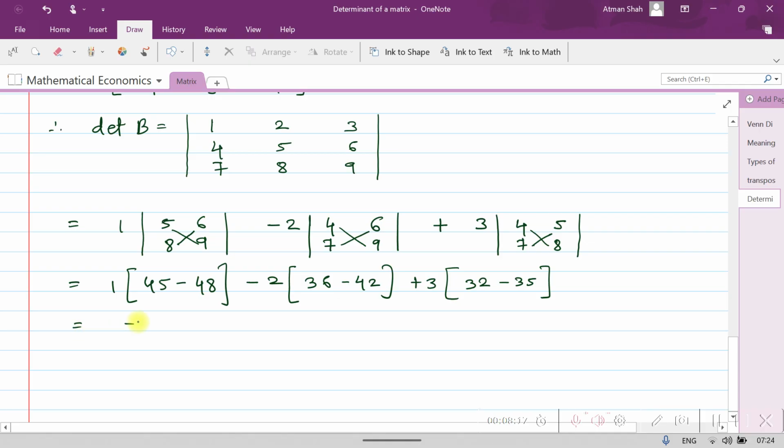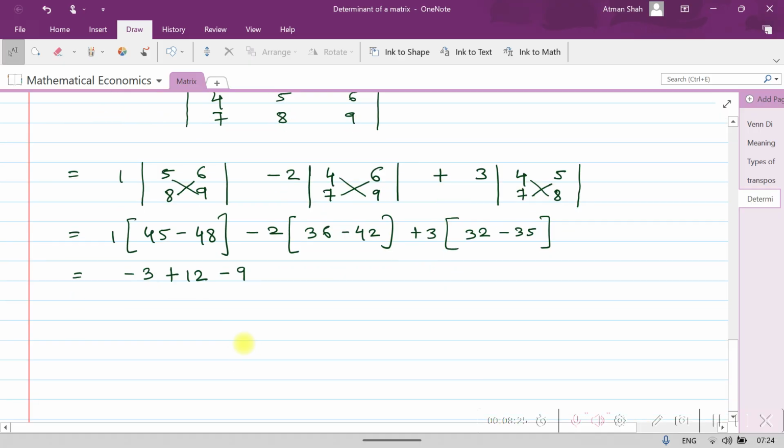So this is equal to minus 3. This becomes plus 12 and this is minus 9. And therefore the answer is 0. So here the value of this determinant is 0. This is how we can find the value of a 2 cross 2 and 3 cross 3 matrix, which is known as the determinant of that particular matrix.